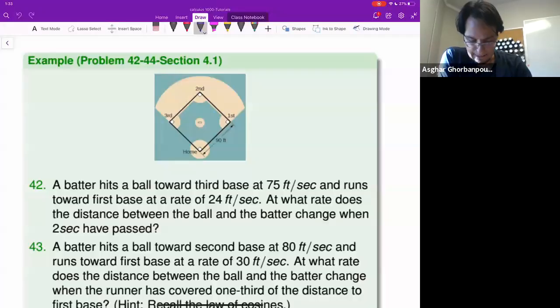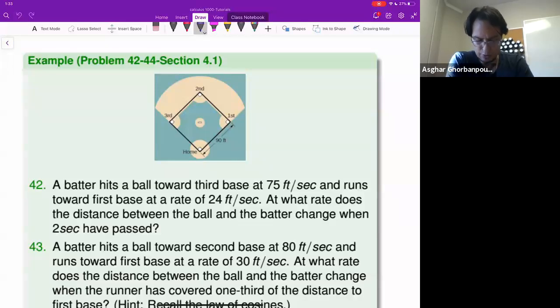Okay, so here we will do some problems from the book, section 4.1. This is about related rates. So what we have is the baseball field, and these are the names that you probably already know better than me.